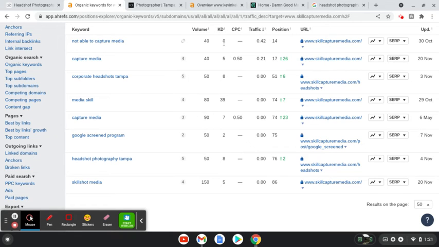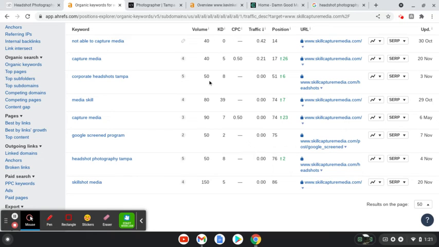The keyword difficulty can range from 0 up to a high number, and anything over 10 can be relatively hard to rank for in a short period of time. Anywhere from 0 to 5, though, is pretty easy to get you ranking within 3 to 6 months at the most. And then the position is where your website's going to fall based off of these keywords that they're finding on your website. Just taking corporate headshot Tampa as an example.